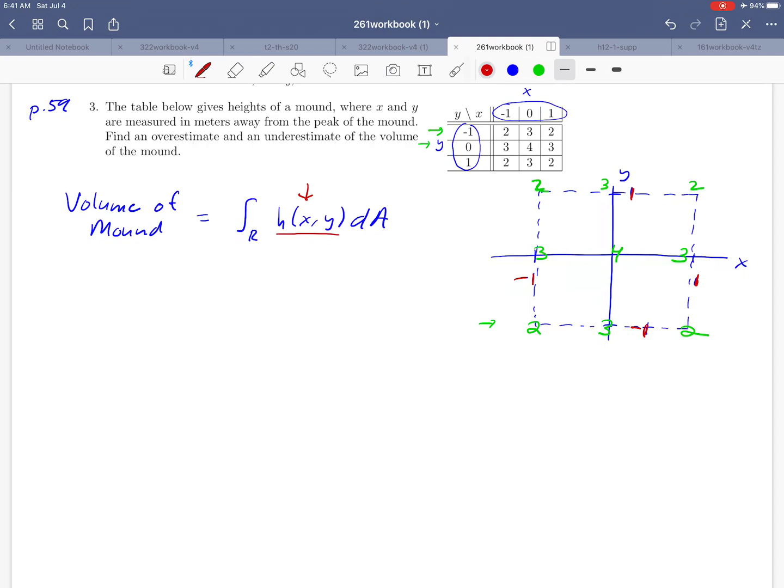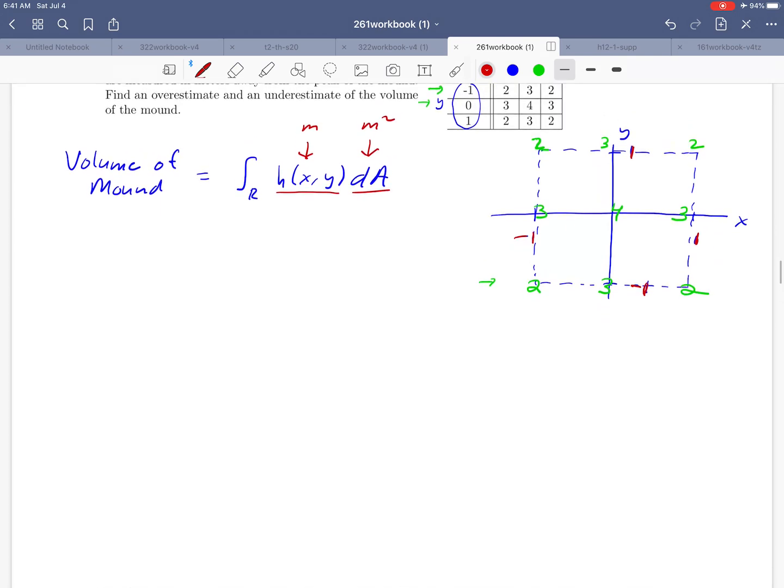They tell us in the problem that heights are being measured in meters, and area is going to be measured in meters squared since x and y are both measured in meters. What units do we get if we take meters times meters squared? We get meters cubed, which is the correct unit of volume. So that tells us that we're on the right track here.